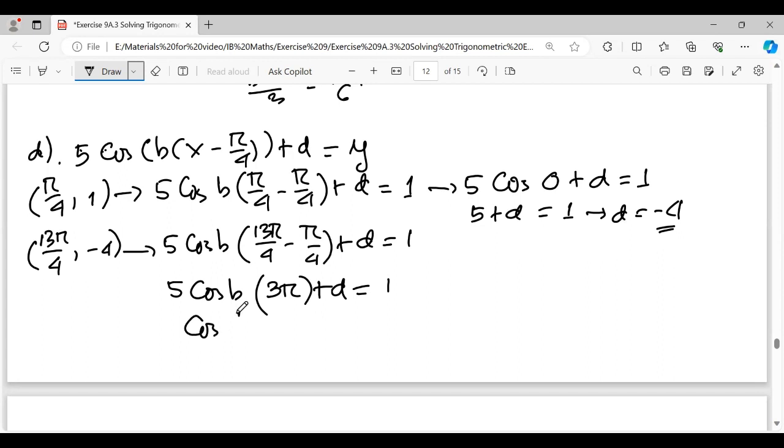Cosine, this is, okay, 4, okay. All right. I'm going to change d equals negative 4.